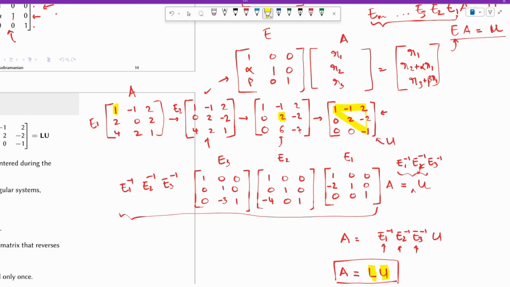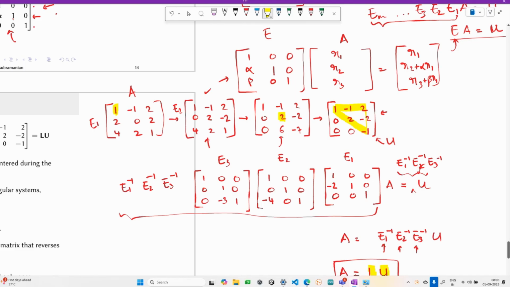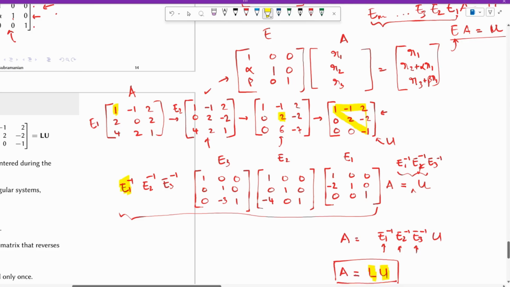So you did some operations to the rows of A to get U. If you want to undo those operations and get A back, that's the matrix L. And in fact, that's what these inverses mean, right? E1 inverse simply says I'm undoing the E1 operation.